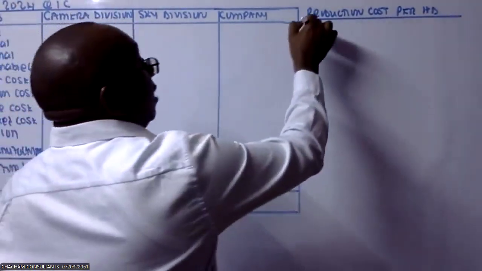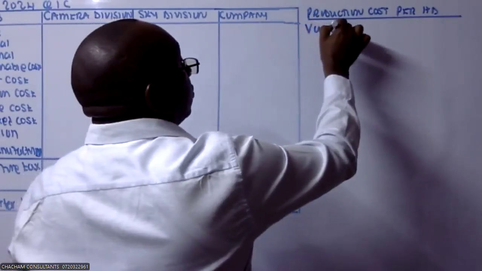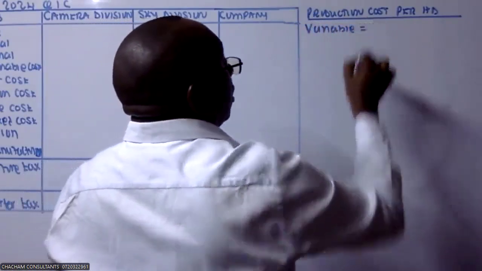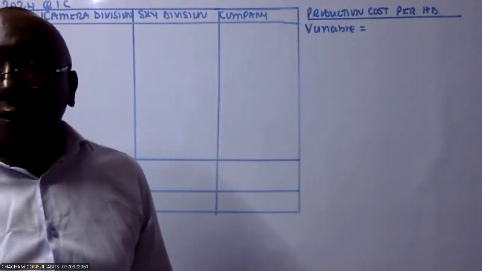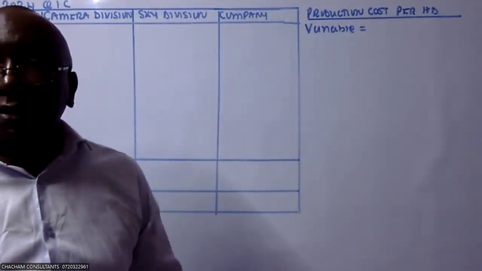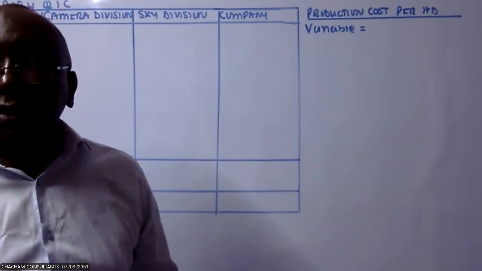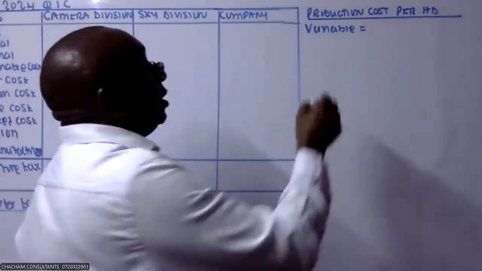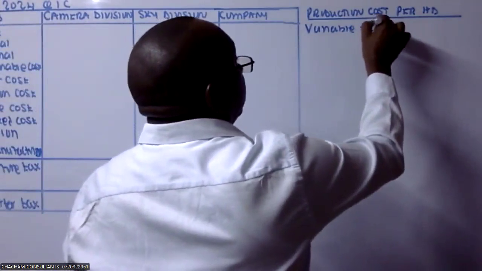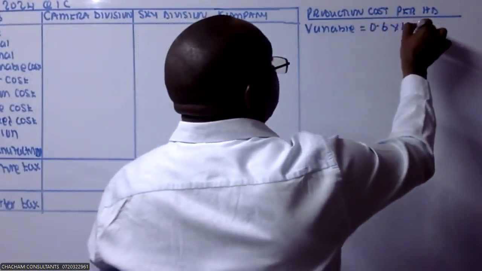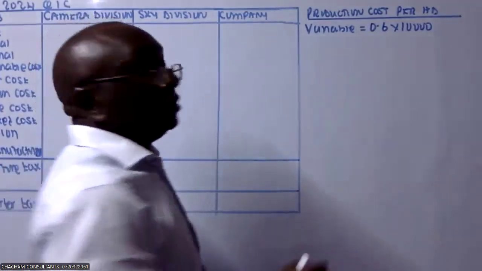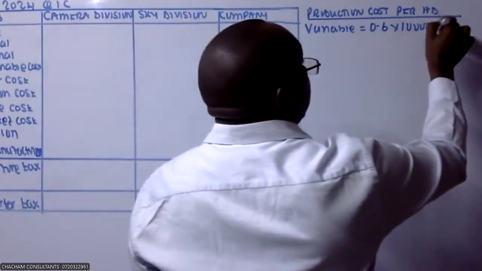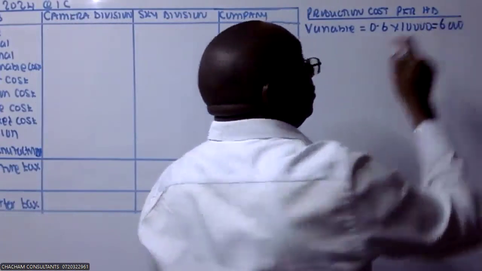we have the variable. The variable, we are told it is 60%, and we are told the production cost is 10,000. So we are going to have 0.6 times 10,000. And obviously this now would be 6,000.